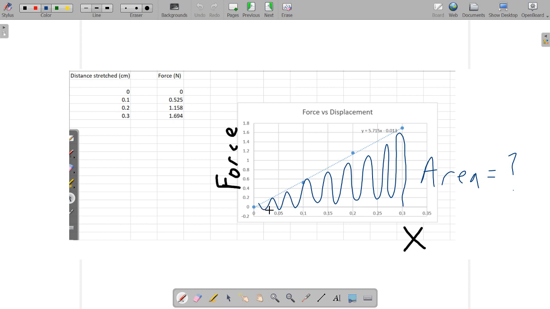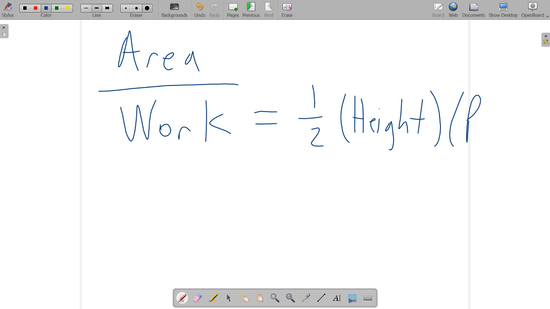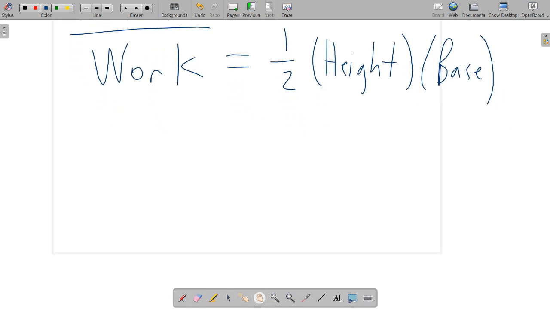To take this even further, if you notice, when we take the area of this function, that gives us a triangle. What is the equation for the area of a triangle? It's 1/2 times height times base. So work is equal to 1/2 times height times base.